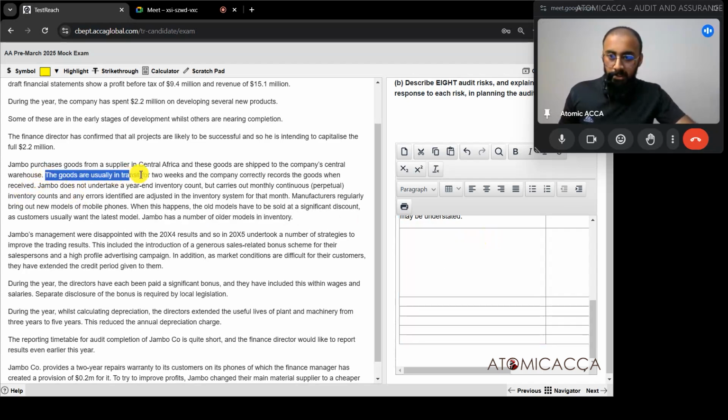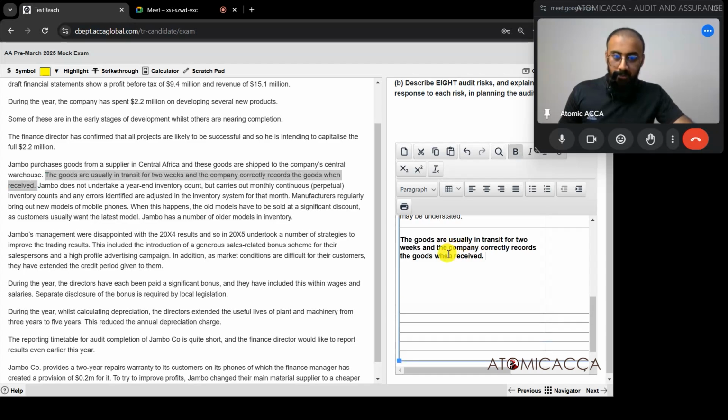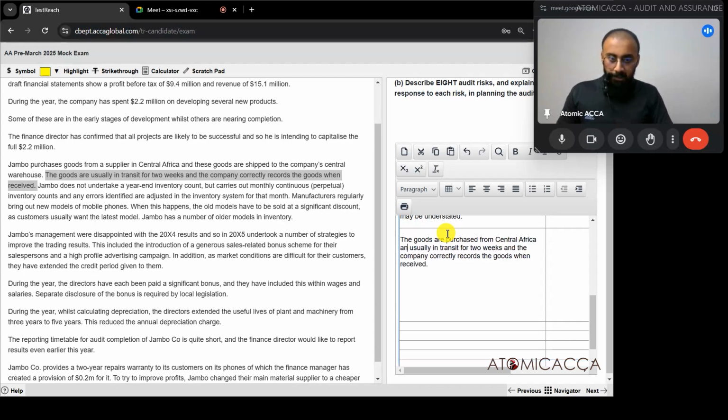The goods are purchased from Central Africa and are usually in transit for 2 weeks and the company correctly records the goods when received. Okay.